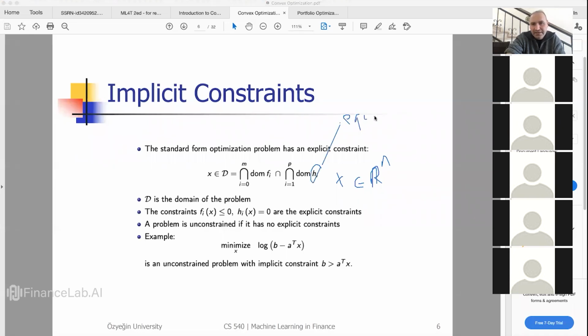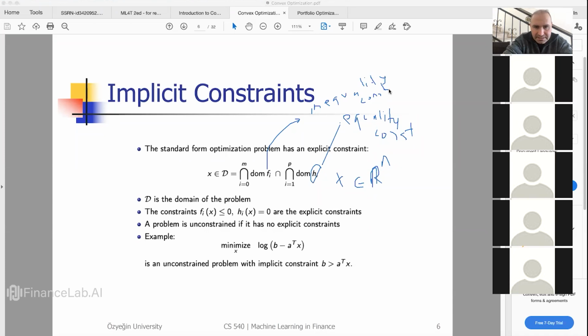So hi, if you remember, were equality constraints, and fi were inequality constraints. The intersection of these constraints is the domain of the problem.